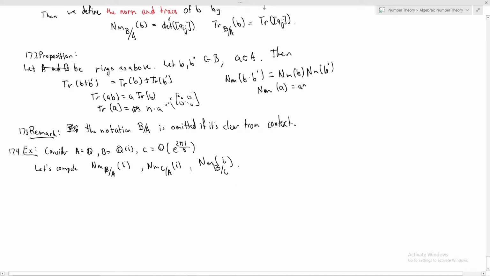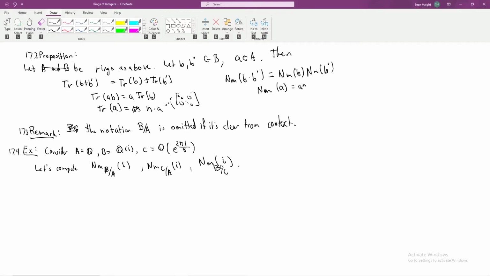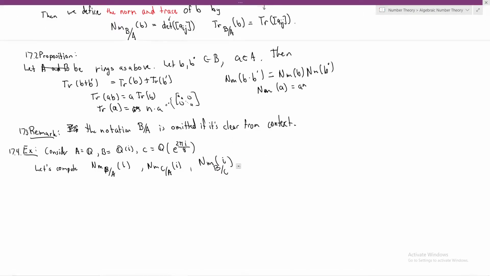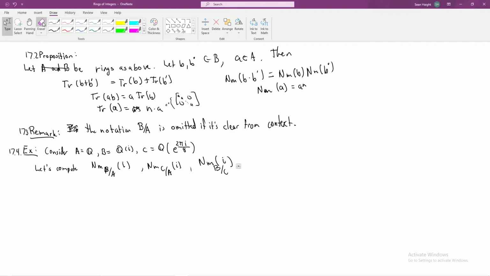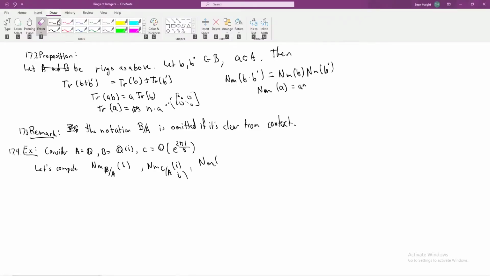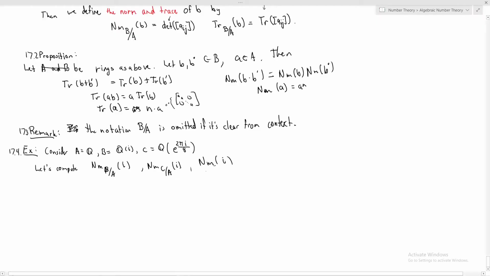Okay, so here are three, from C to B. Gosh. It should be from C to B.